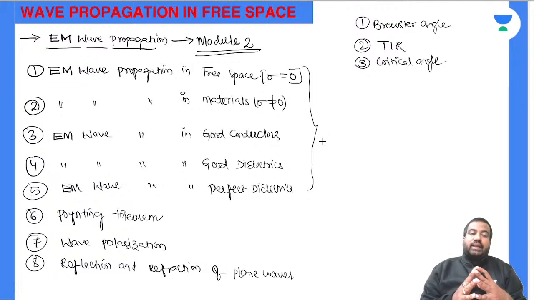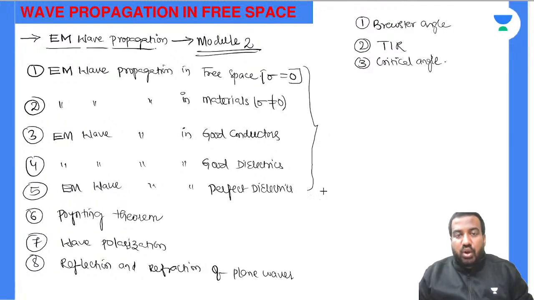We calculate the reflection coefficient and the transmission coefficient, and also analyze important terms like Brewster angle, critical angle, and total internal reflection.